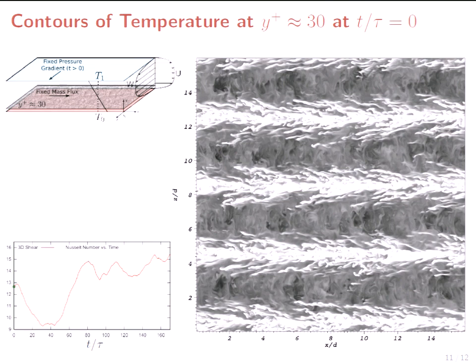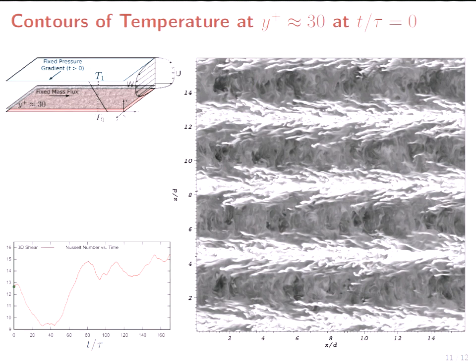So now I'm going to show what happens in a visualization. What I'm showing here is a slice near the wall, so that we can see how the near-wall streamwise streaks and the large-scale counter-rotating vortices interact.